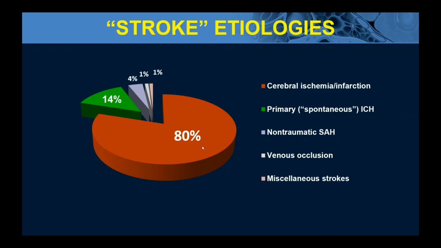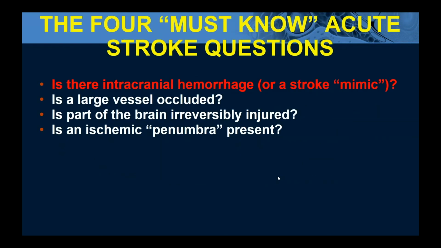But the next biggest one is primary or spontaneous intracranial hemorrhage. Then we have non-traumatic subarachnoid hemorrhage, venous occlusions, and miscellaneous strokes.